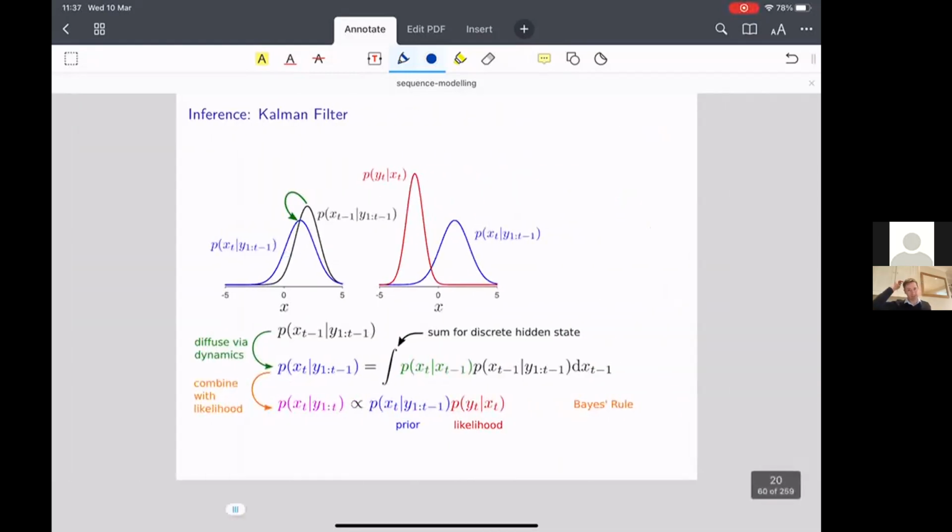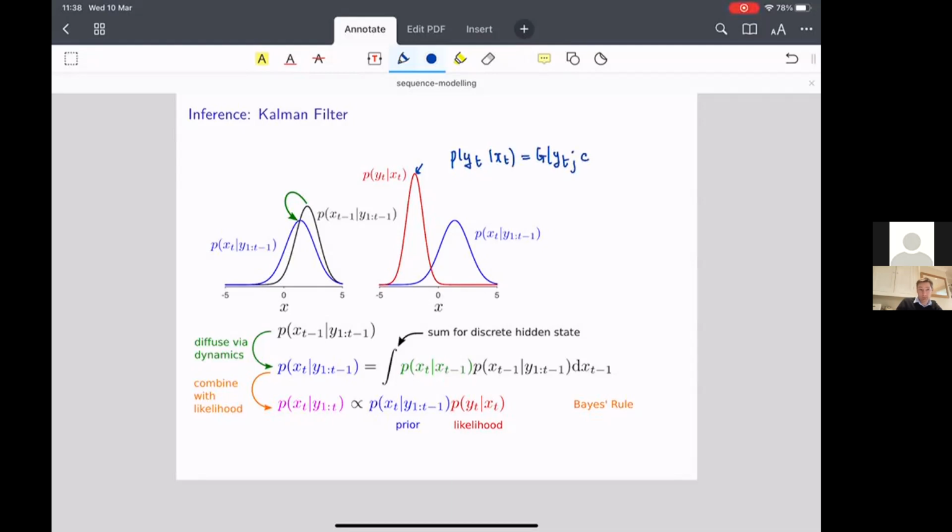So what does this look like schematically? Well, imagine we're in a fairly low observation noise case. Our likelihood function might look like this. Remember, this is something specified by our model, the probability of yt given xt. This is also a Gaussian distribution in yt with a mean given by here.